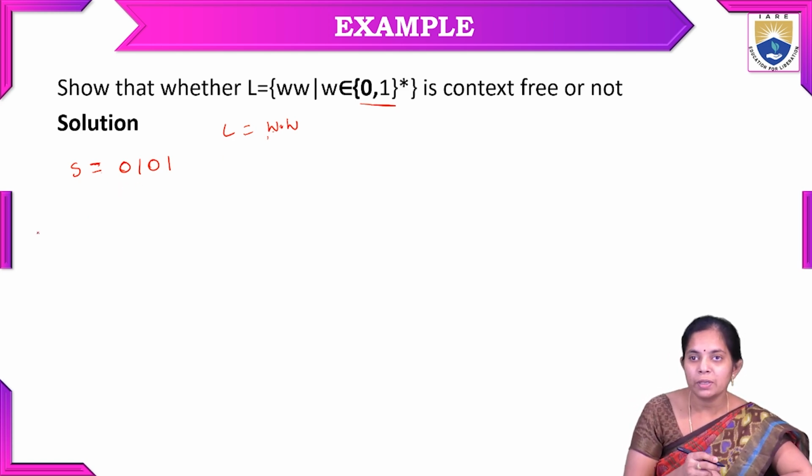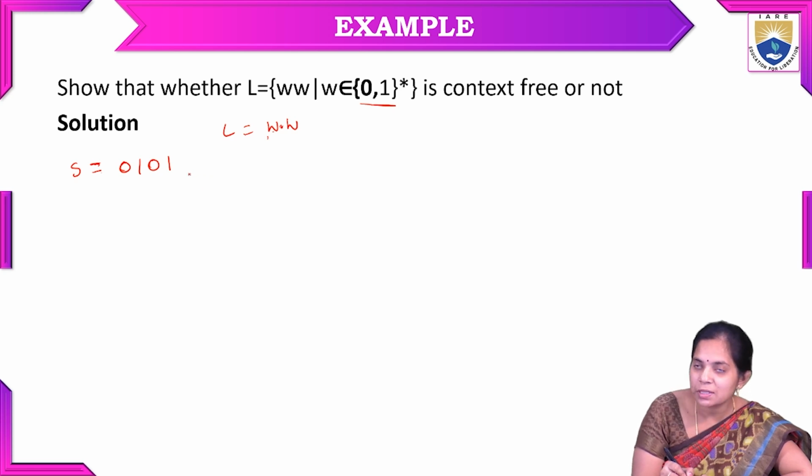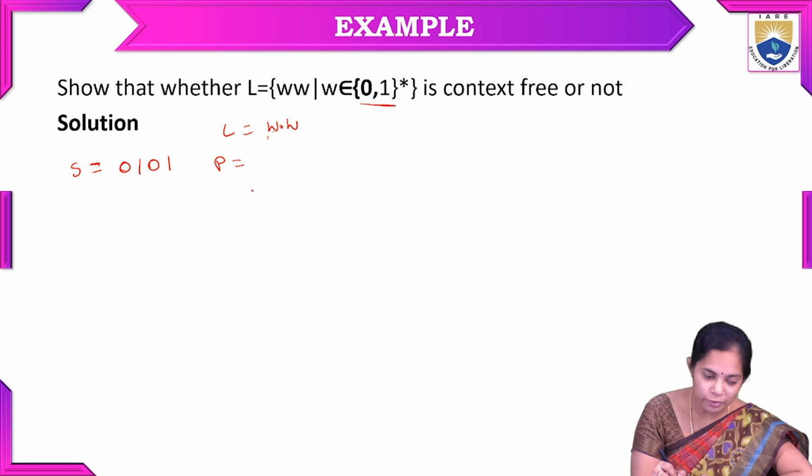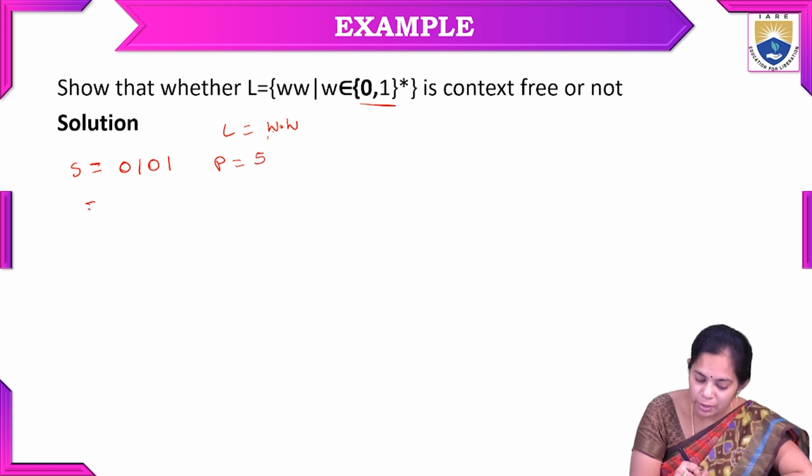The first step is to take the string from the given language, and the second step is to give a pumping length P. If we give P equal to 5, then 0 power P, 1 power P, 0 power P and 1 power P.